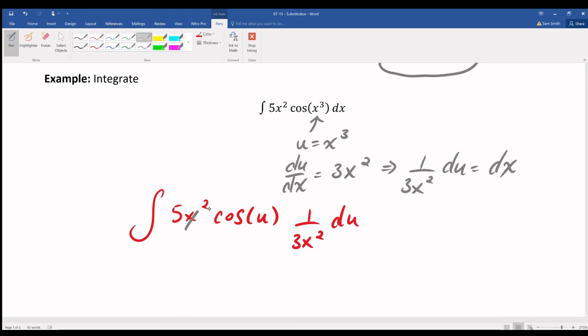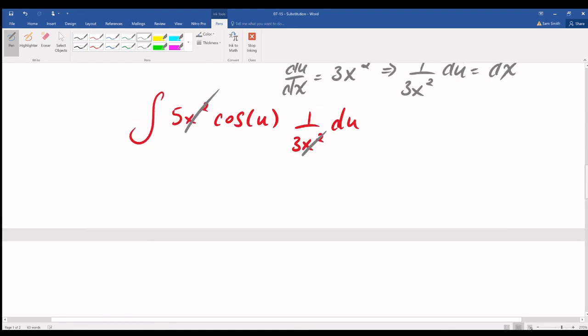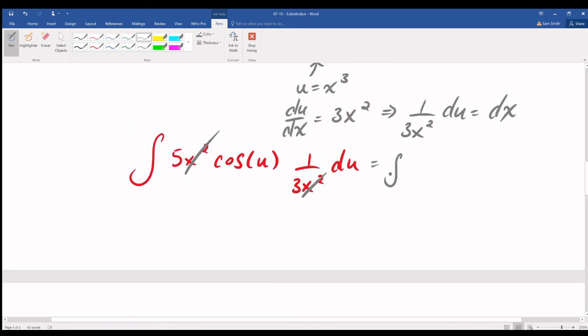Now, the x squareds cancel each other out, and what I need to integrate is 5/3 cosine u du.